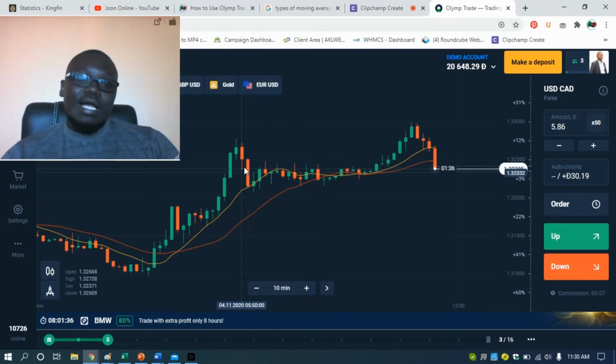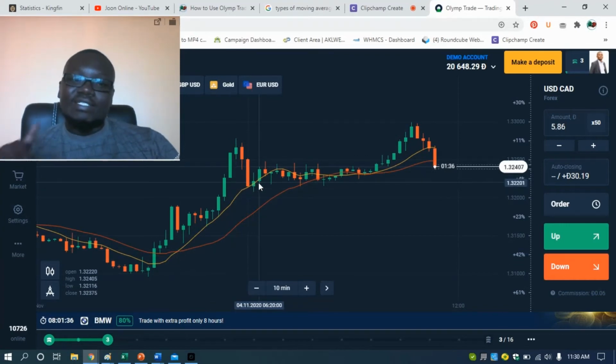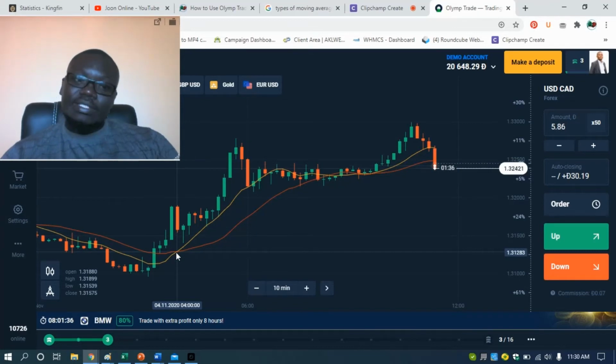So you can actually use three different signals to pick the direction to trade on. Example one, you can check if the SMAs are facing upwards. That is your first signal. Your second signal, look for the golden cross. If you spot it, then it means your signal has been confirmed.